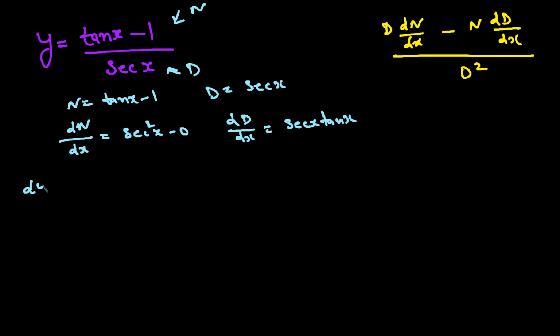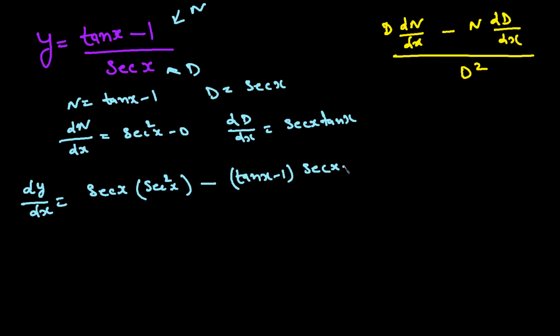So dy over dx, the derivative of this function, is equal to the denominator, which is secant x, times the derivative of the numerator, which is secant square x, minus my numerator, which is tangent x minus 1, times the derivative of the denominator, which is secant x tangent x, divided by the square of the denominator, which is secant square x.